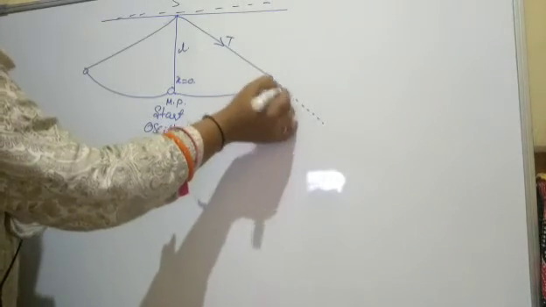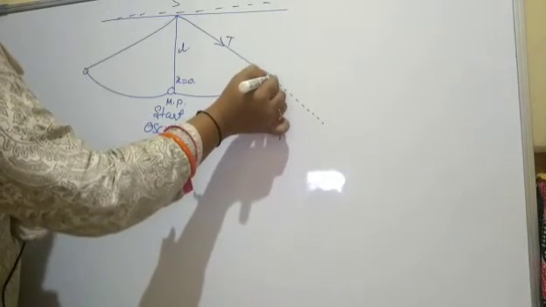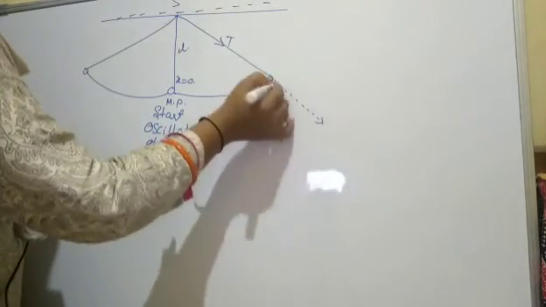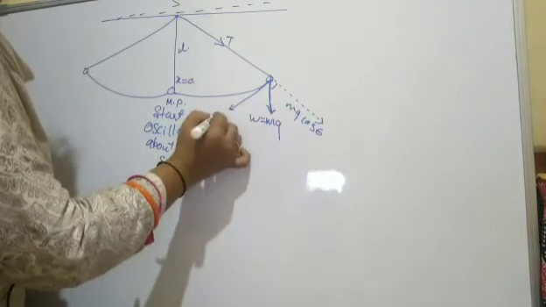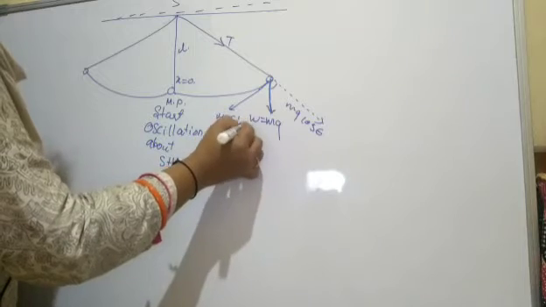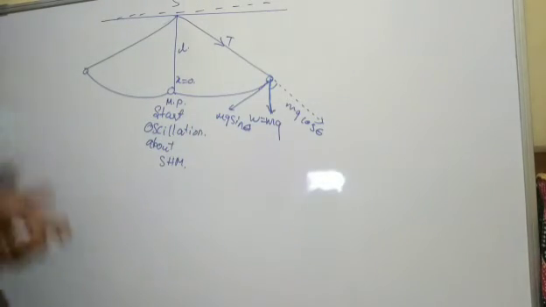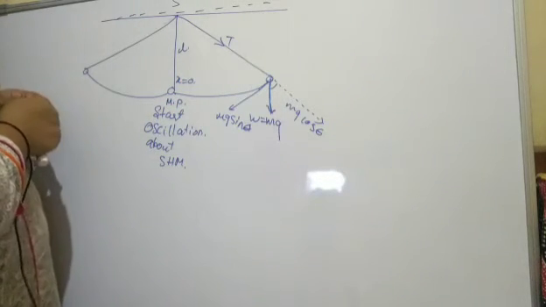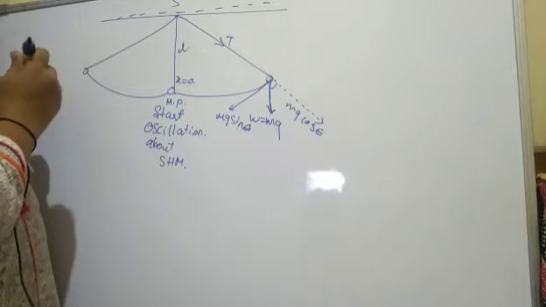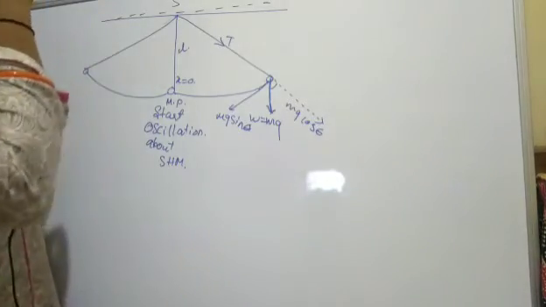So we get the weight resolved into two components. What are those? These are nothing but mg cos theta and mg sin theta. These are the forces experienced by the body in the pendulum form, which is already in the form of simple harmonic motion.